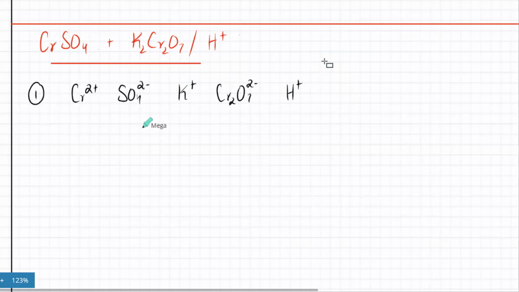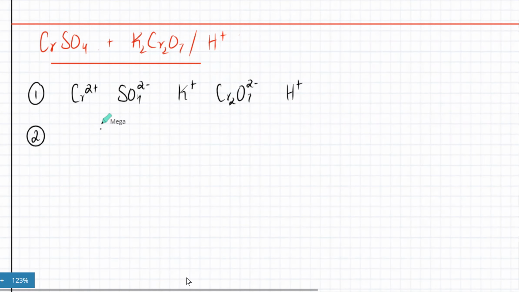Then we move to step number 2. So I want to figure out who gains electrons, who loses electrons. And in step number 2, you write down all possible electrode reactions involving any of them. So starting with chromium 2 plus.